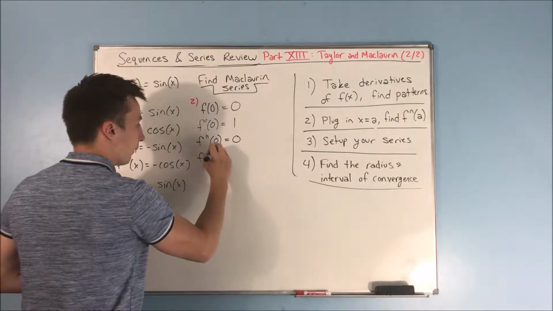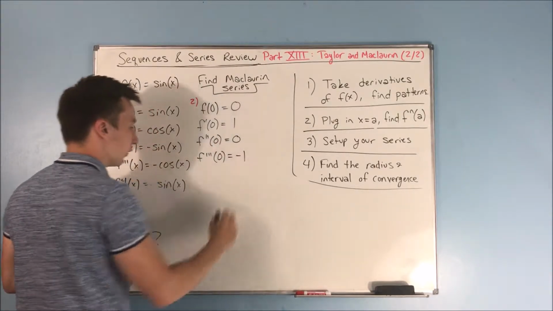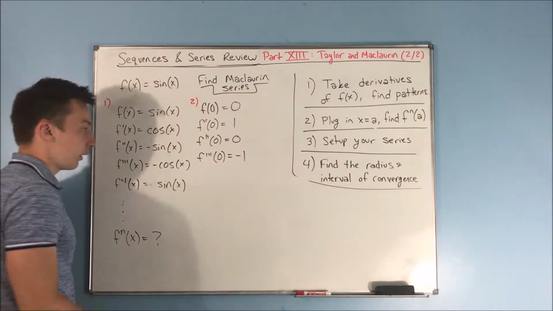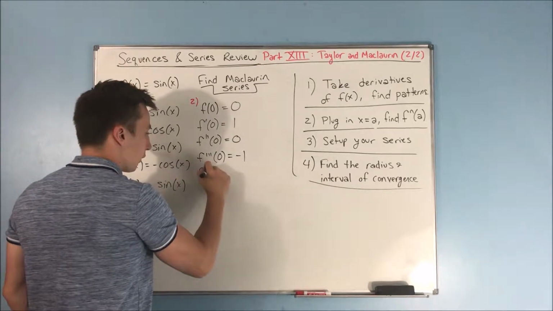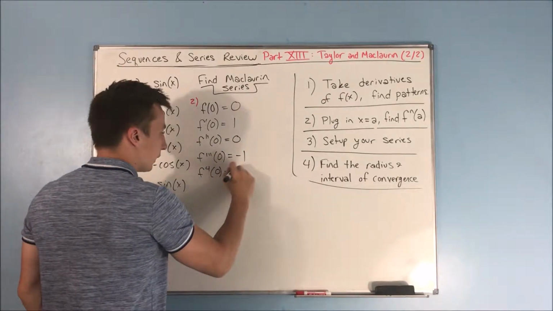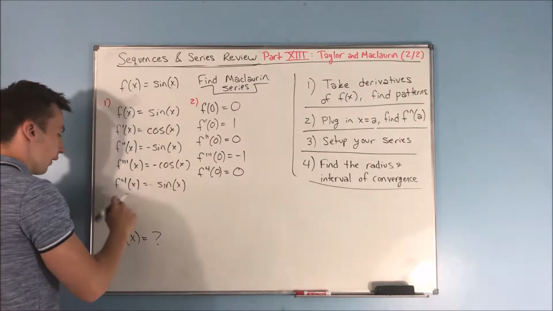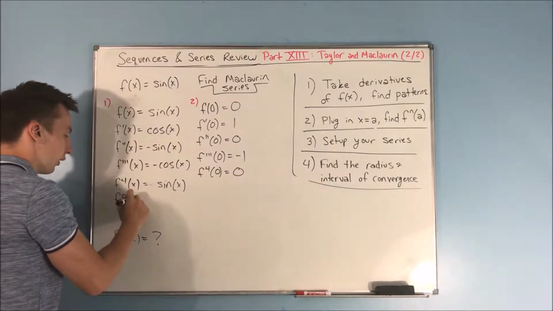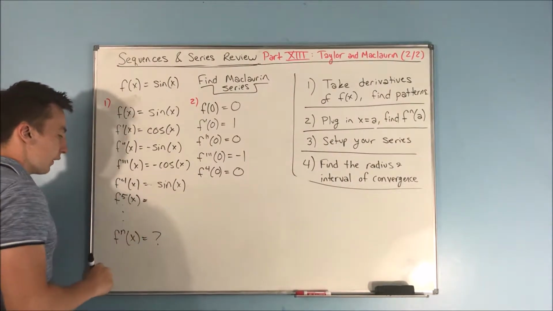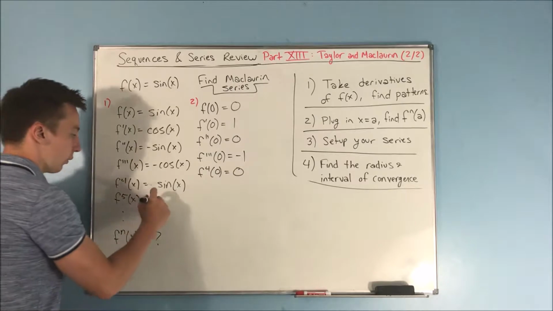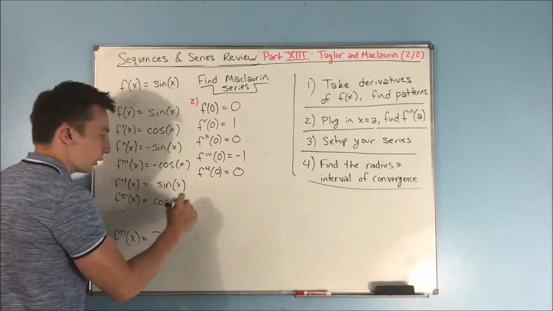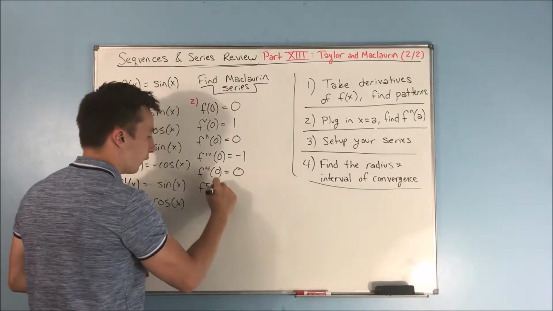F triple prime will be negative 1, because you have a negative cosine of 0. Your fourth derivative will be equal to 0, and let's just do another one, it'll make things a little clearer later on. Your fifth derivative is going to equal cosine x, which brings you back to your fifth derivative of 0 equaling 1.